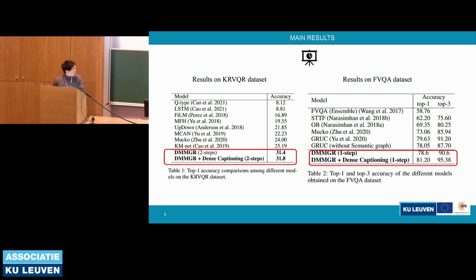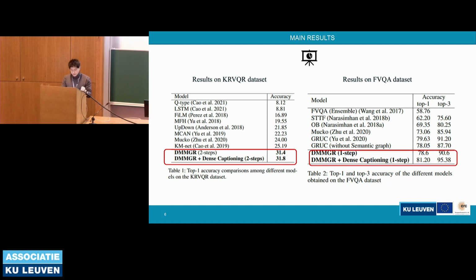Here are our results. We test our model on two datasets, KRVQR and FVQA. We obtained new state-of-the-art performance on both datasets. More specifically, on the KRVQR dataset, our model surpassed the previous SOTA model by around 60%. Following previous literature, we also try to integrate our model with dense captioning models.